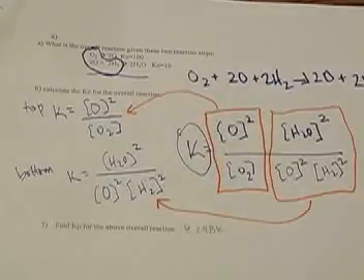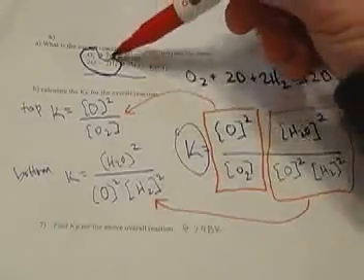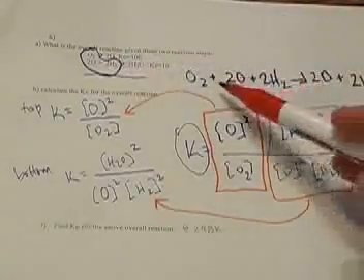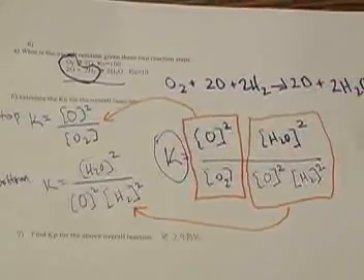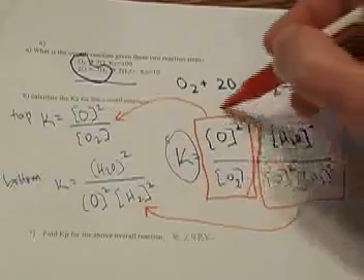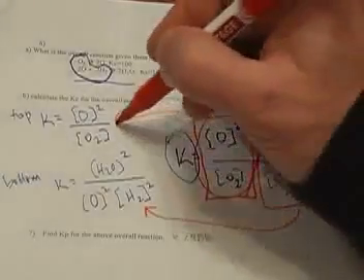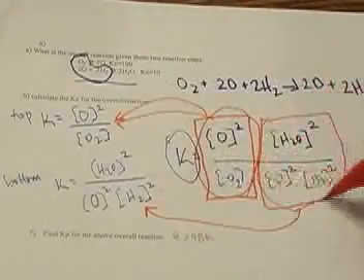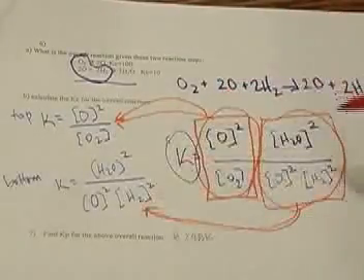That means that to find the overall K for two reactions that you added together, remember we added these two reactions together to get this overall reaction, what did we do to the equilibrium constant from the top and the equilibrium constant from the bottom reaction?